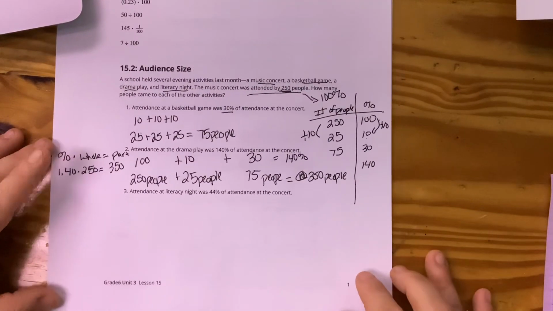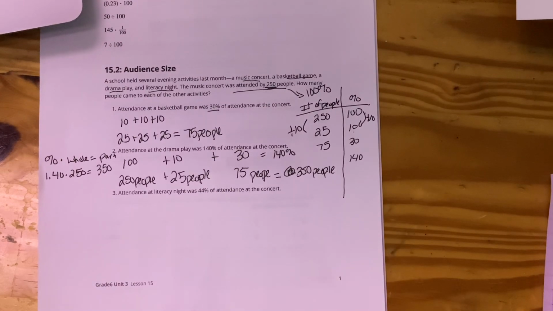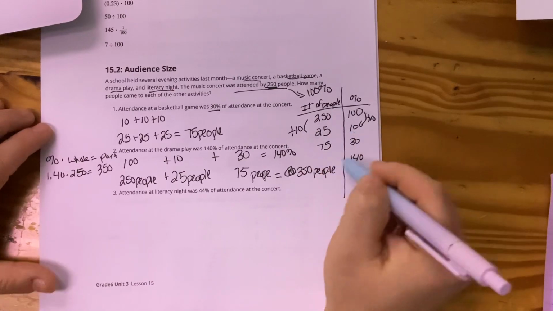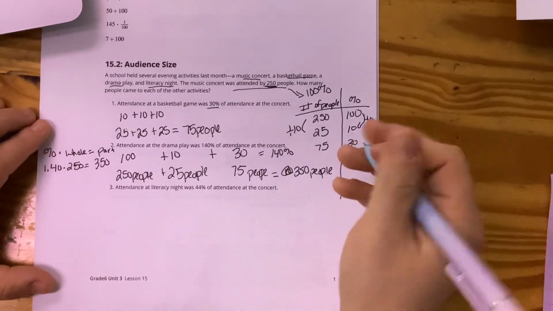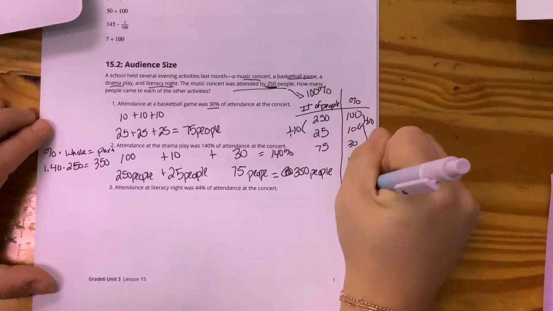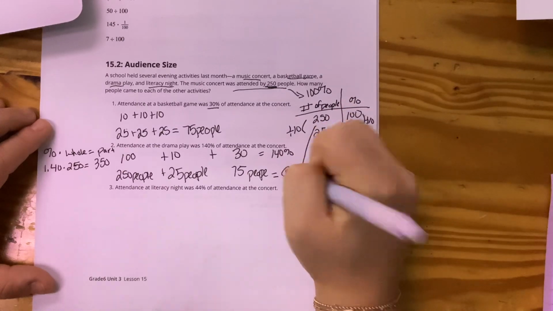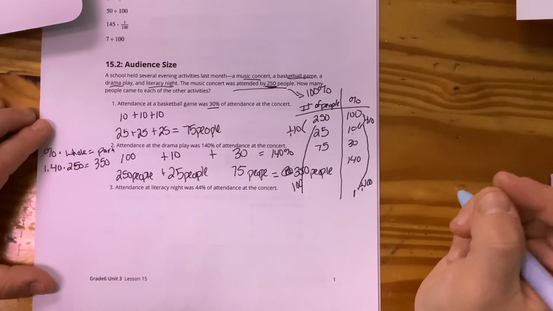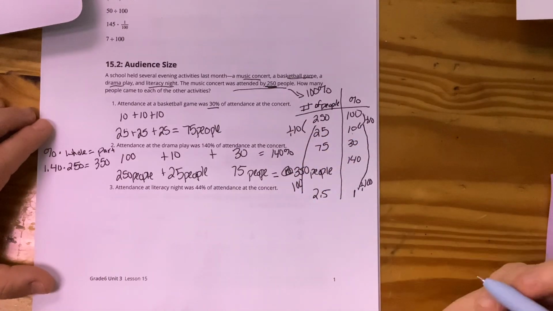Okay? Last question we have, looking over this that you're taking notes on, is my literacy night. This one, I don't have the math here already easily, so what I could do is figure out what 1% is. To do that, I would divide by 100. If I know that is 2.5, divide both sides of my ratio table by 100.